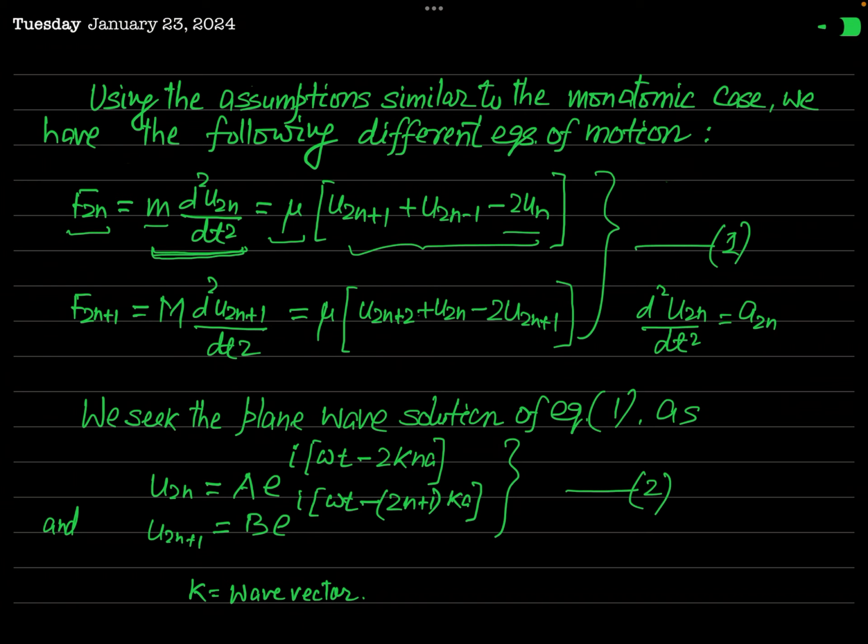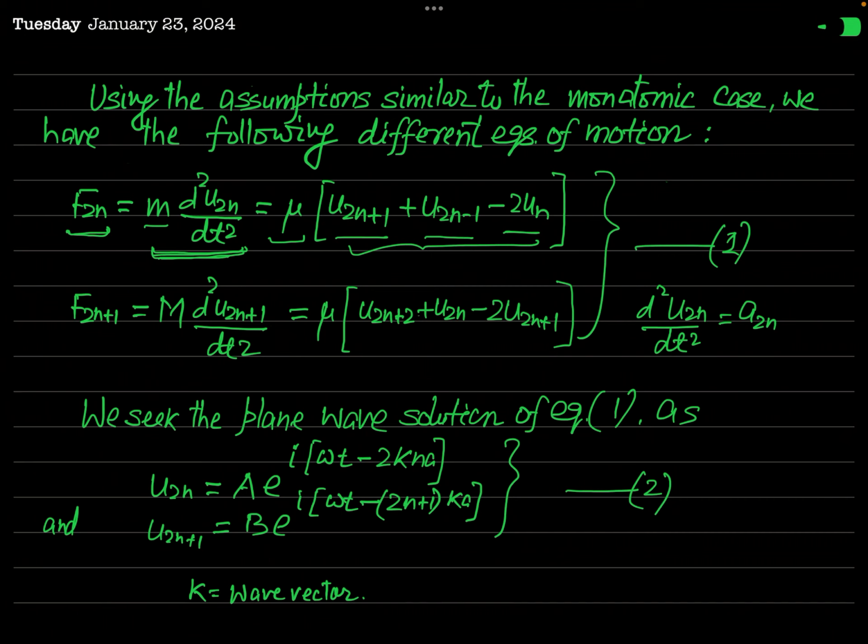So the restoring force responsible for the vibration of the 2nth atom, that is F2n, is given as m d2u2n by dt square equal to mu times (u2n plus 1 minus u2n minus 1 minus 2un).